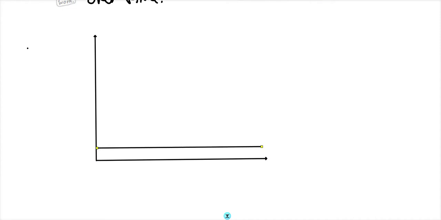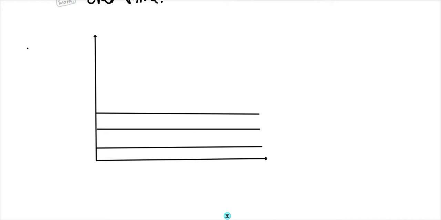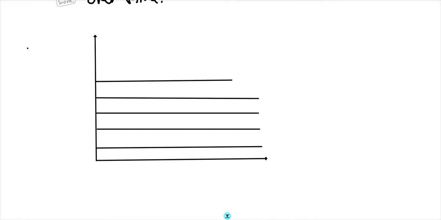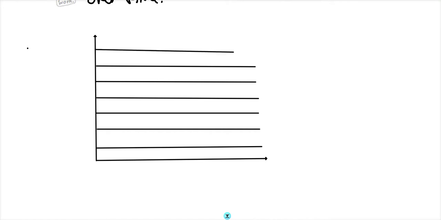So 1, 2, I know that's not straight, sorry. 3, 4, 5, 6, 7, and 8. I know my lines are way off, but it's the best I can get on here. It's hard to do all this on the computer.